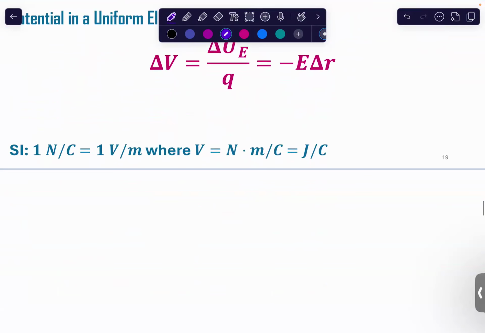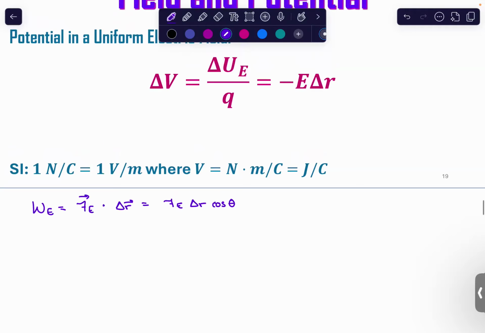So this comes from the work of the electric field. We have our dot product. And then of course, for a positive charge, which is the way we do most of these problems or most of the derivations, your positive charge has a field going out.